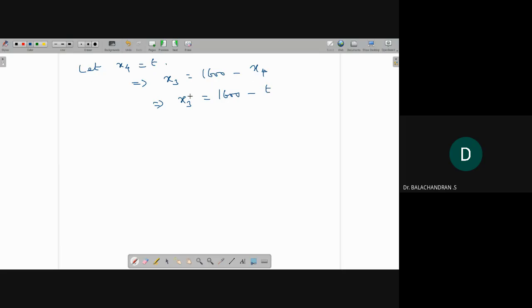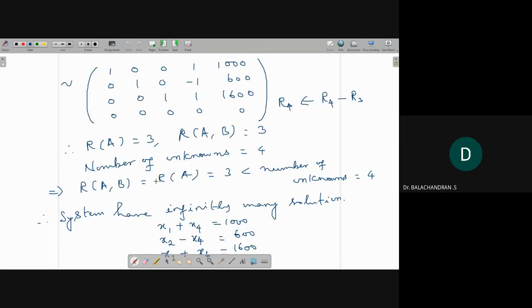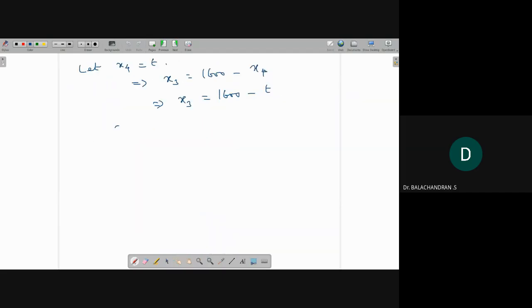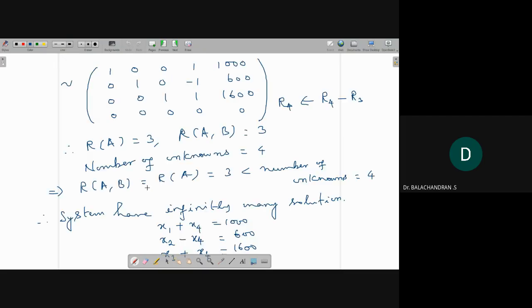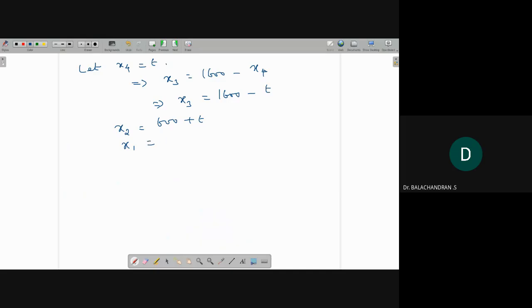Now what is x2? x2 is equal to 600 plus x4, but x4 is t. And x1 equal to 1000 minus x4, but x4 is t. So x1, x2, x3, x4.